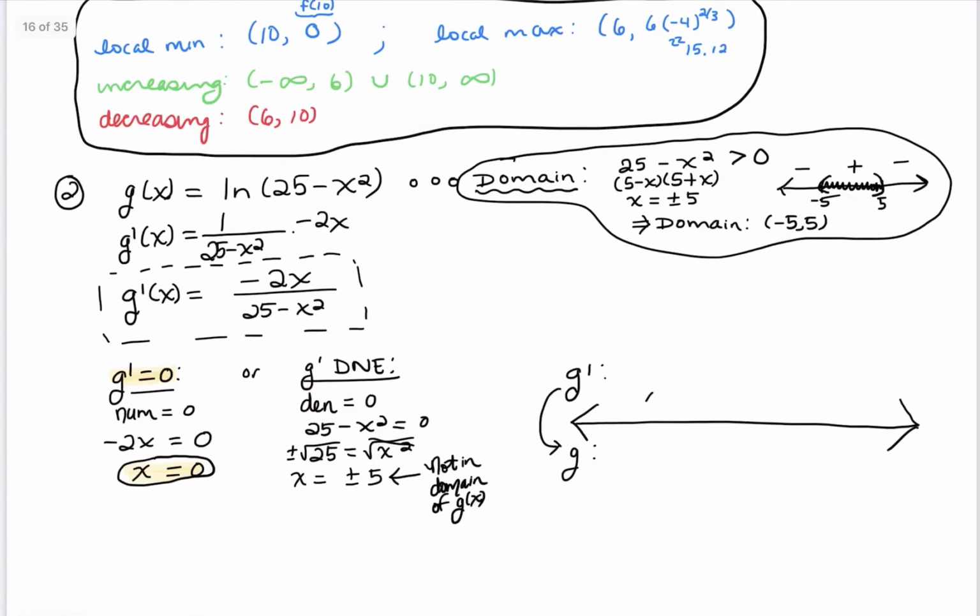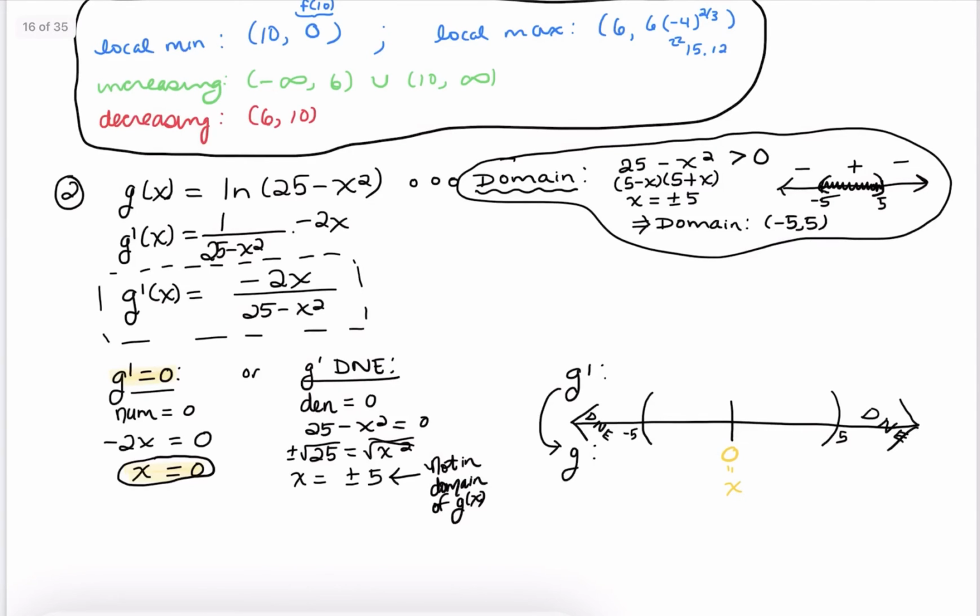So we're only subbing in values in between -5 and 5. So the function simply does not exist outside of these intervals. And so our only critical point here is at x equals 0. So that is the only critical point that's actually going on my sign analysis.